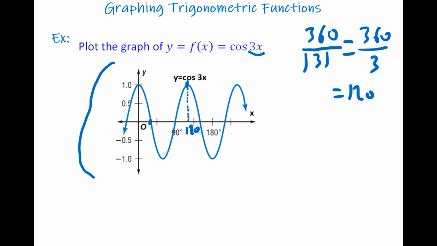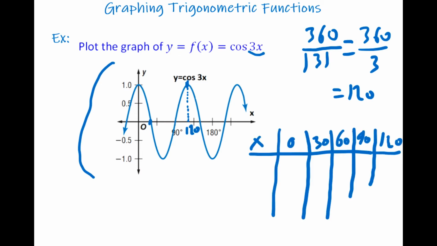So how can we plot the graph of cosine 3x? Let me make a table here for x. When x is 0, guys, cosine 3x is cosine 0, and cosine 0 is 1. So it should start from this point. When x is 30, 3x is 90.